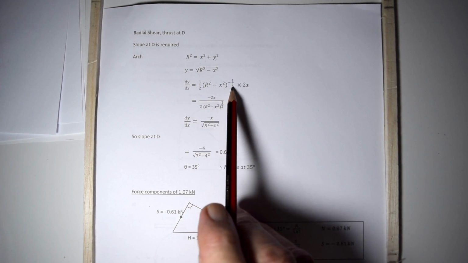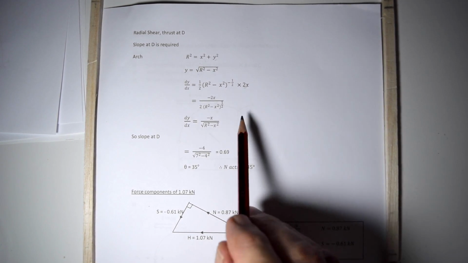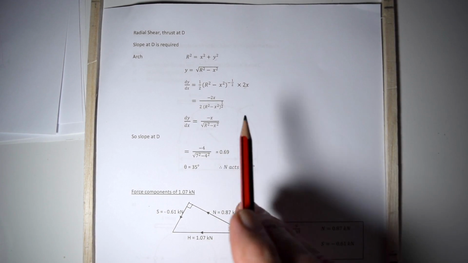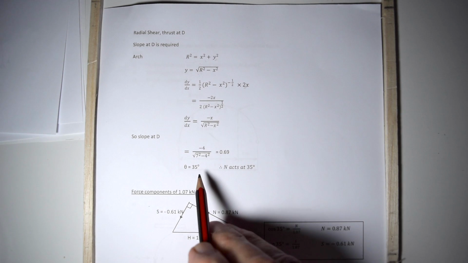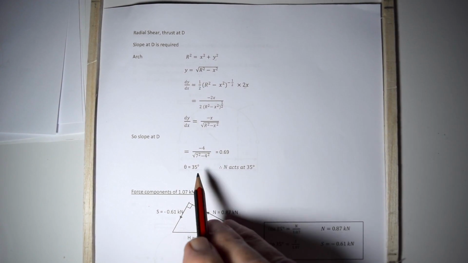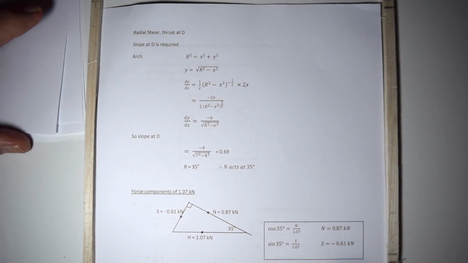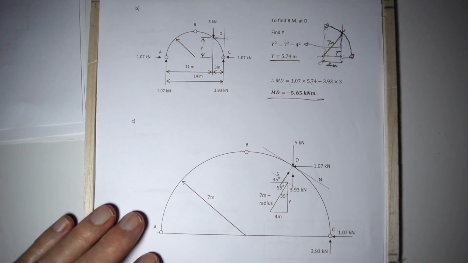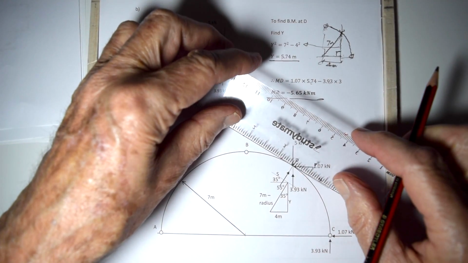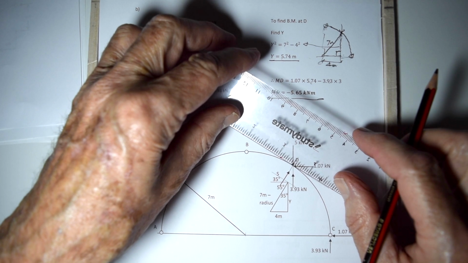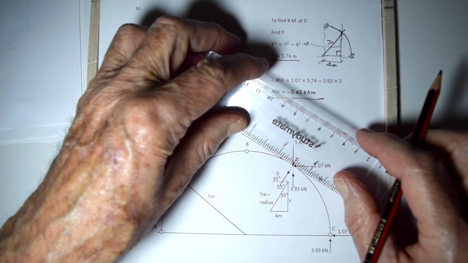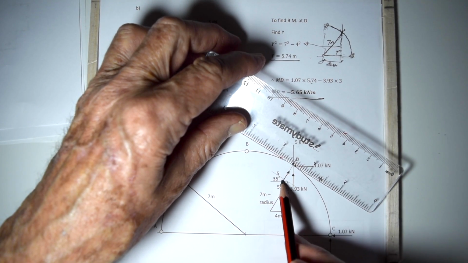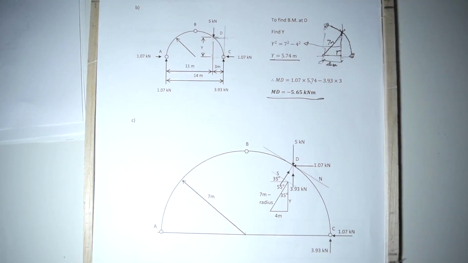You differentiate that and you will find the slope in radians, and you can actually then convert that and find that it's at 35 degrees. Now the 35 degrees that we're looking at is the 35 degrees there, because that slope of the tangent to the circle at that point is at 35 degrees to the horizontal. There it is. As I said, we'll do it with geometry later on.